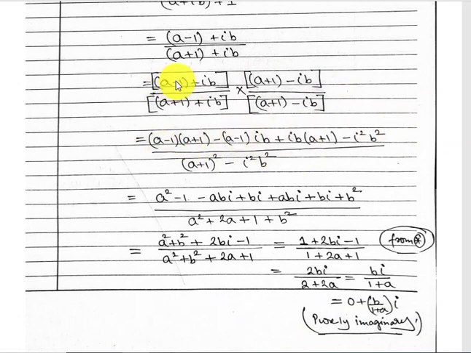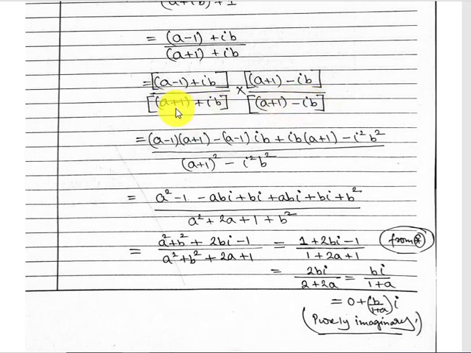Now we will simplify it. In the numerator these will multiply. So a minus 1 will multiply to a plus 1, then a minus 1 will multiply to minus ib, then ib will multiply to a plus 1, and this ib will multiply to minus ib. And down you get (a plus 1 plus ib)(a plus 1 minus ib).